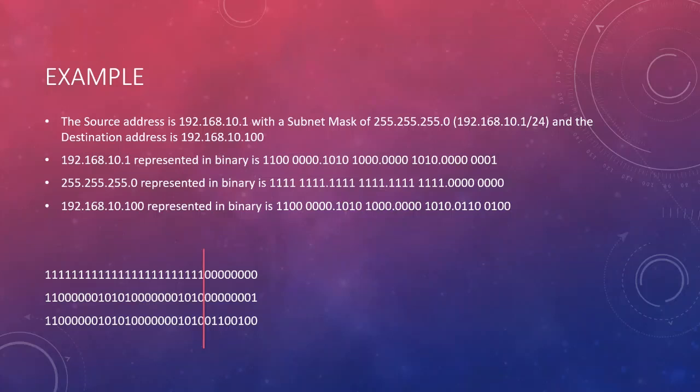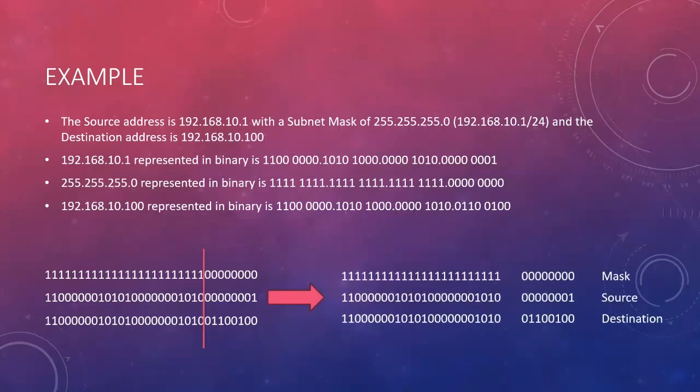We're going to redraw them over here with spaces, and you can now see that the binary source IP and the binary destination IP have got the same network address. So what this means is that 192.168.10.1 sending a packet to 192.168.10.100 is a local conversation, and that can happen directly.